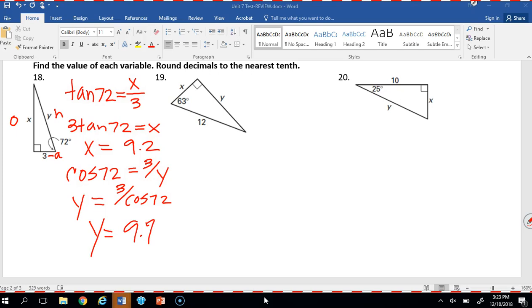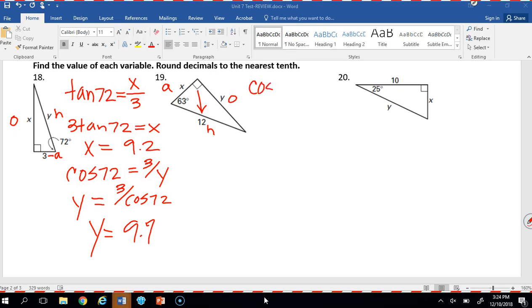All right, now let's look at number 19. Again, let's see what kind of ratios we have here. That's our hypotenuse. The y is our opposite, and the x is our adjacent. If we want to solve for x first, we have our hypotenuse and our adjacent. Adjacent and hypotenuse, the ratio we use for that is cosine.